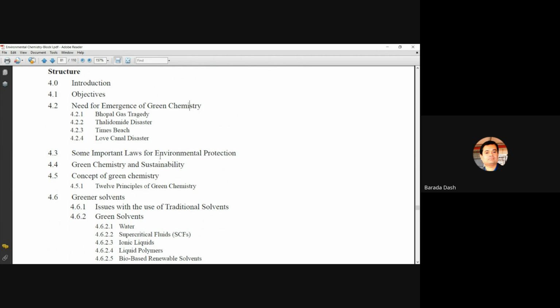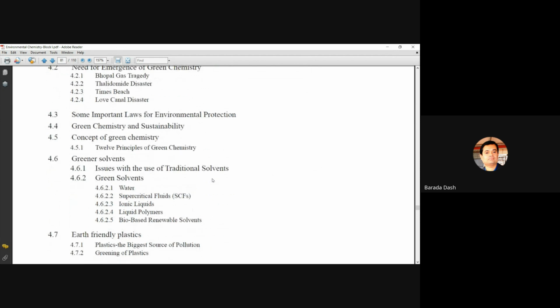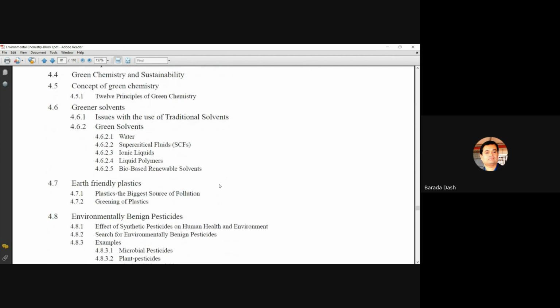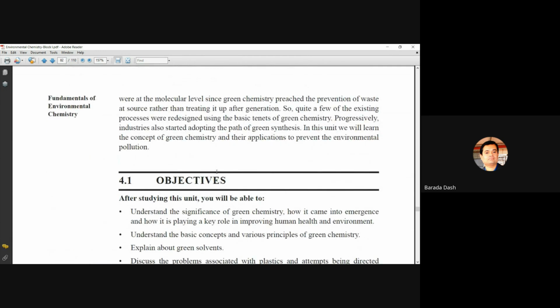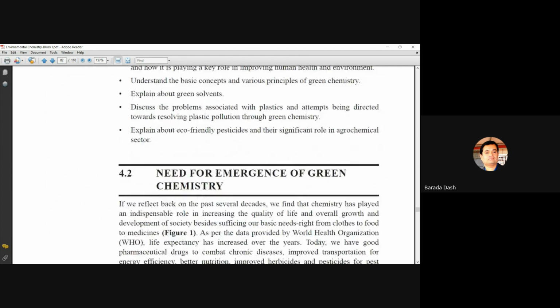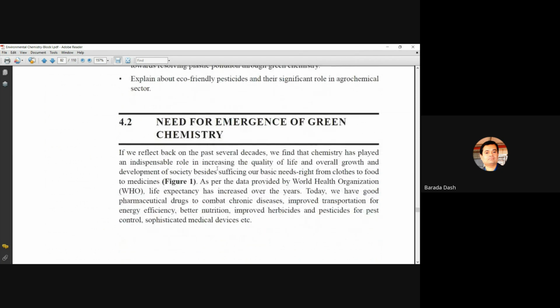Some important laws for environmental protection, green chemistry and sustainability, concept of green chemistry, greener solvents, earth friendly plastics, environmentally benign pesticides. So all these things are included. Basically, green chemistry evolved to prevent the generation of pollutants. That is the need for emergence of green chemistry.